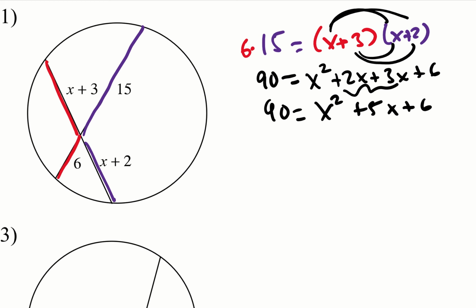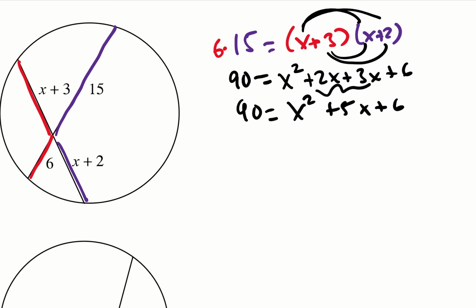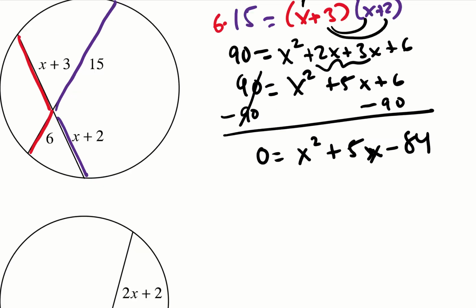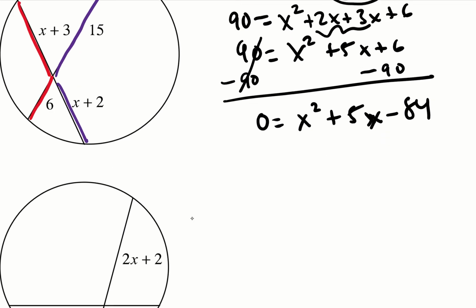This is a quadratic, so we got to solve this using quadratic methods. So what we want to do is set one side equal to 0. This is from towards the end of Algebra 1 when you do quadratics. So this is going to be negative 84, and I need to factor this. So I need two numbers that multiply to negative 84, but add to 5.